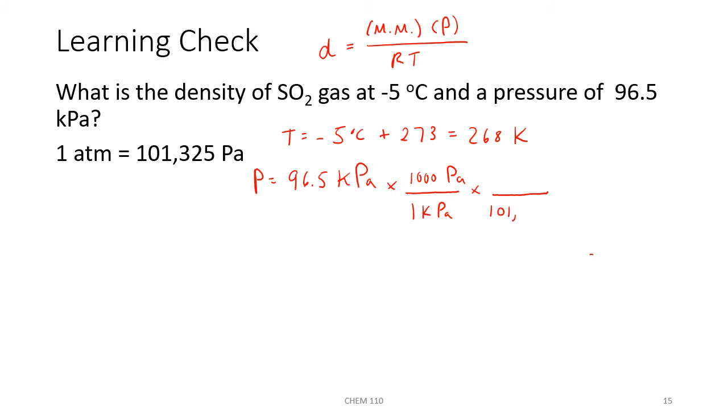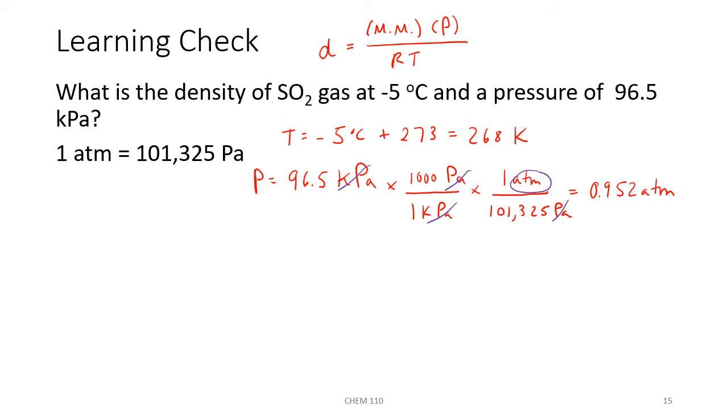So that's going to go in the denominator, so they cancel, and 1 atmosphere in the numerator. Kilopascals cancel, pascals cancel, and our pressure in atmospheres should be 0.952 atm.